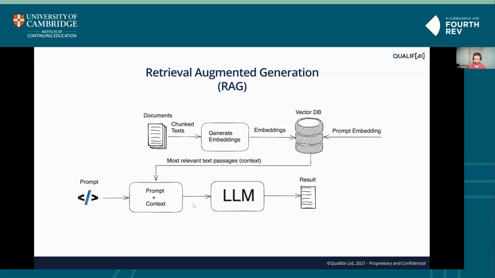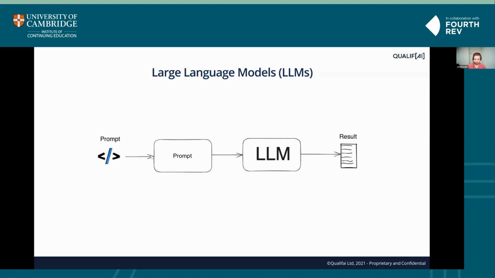It may be the case that in the future, retrieval augmented generation actually becomes less prevalent because future large language models and architectures are able to handle huge amounts of text without the need for this approach.